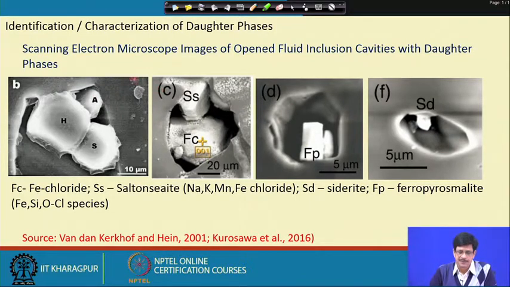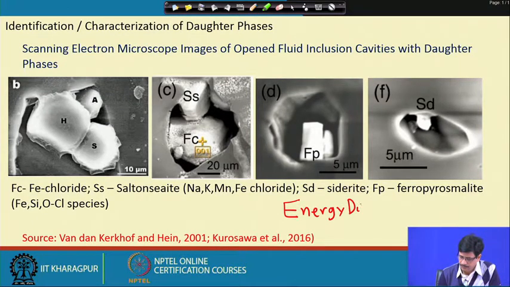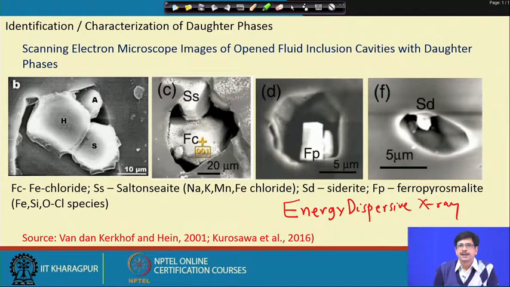The procedure can still be improved if we have an energy dispersive analysis attachment, which is basically known as the EDX.